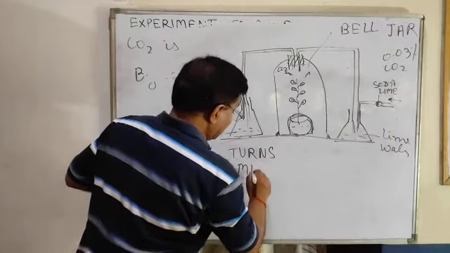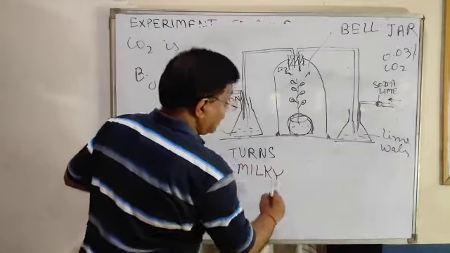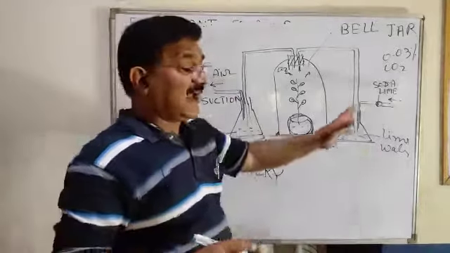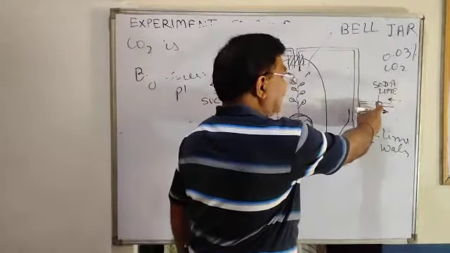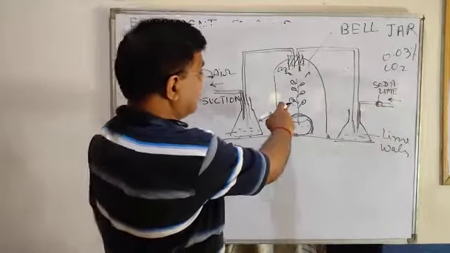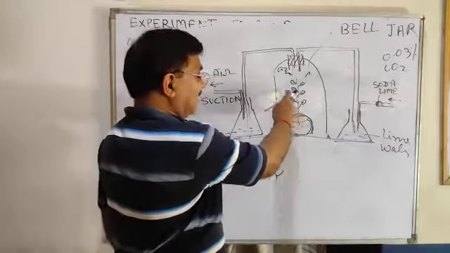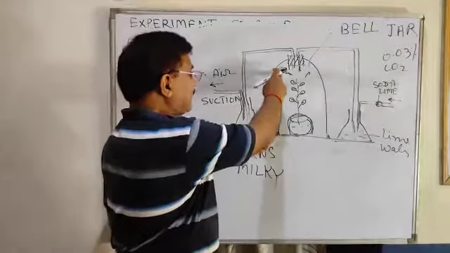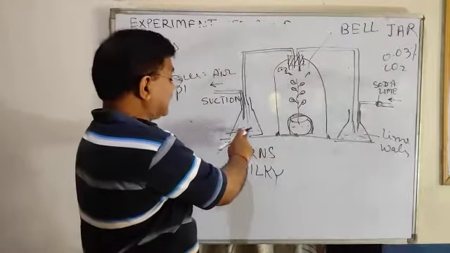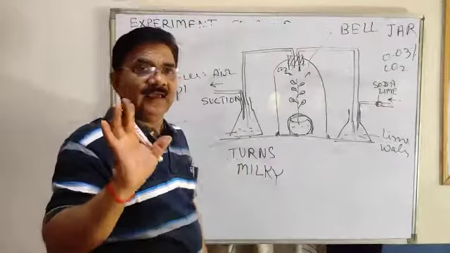Turns milky. It means air containing carbon dioxide is not coming from outside, because that carbon dioxide was absorbed. It means this green plant only released carbon dioxide, and due to the presence of carbon dioxide, this lime water turned milky.